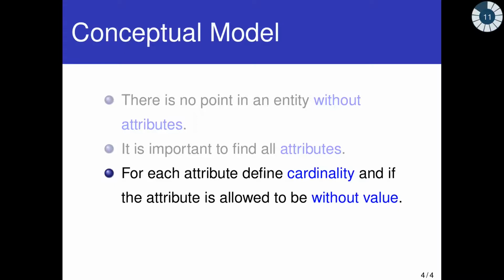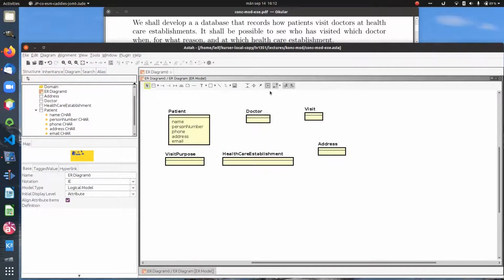For each attribute, define cardinality and if the attribute is allowed to be without value. Let's do as I did in the video on IE notation and make a note. This is actually a note symbol, but it's a UML note symbol, so it's not really correct to place it in the ER diagram. Okay, but you do as you wish.